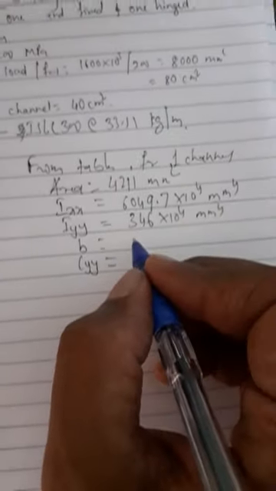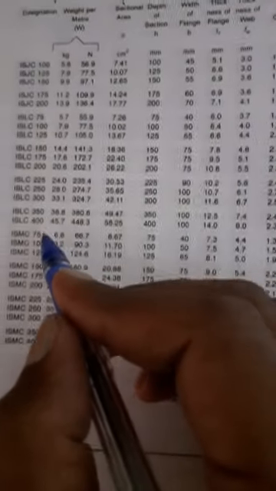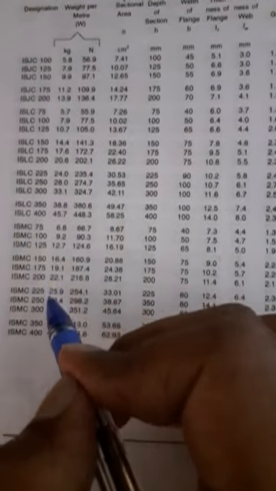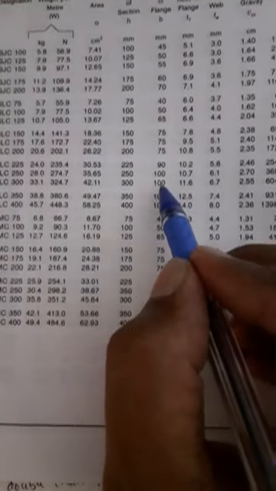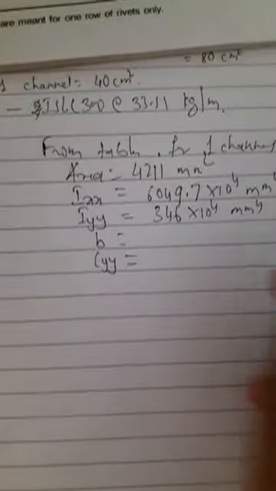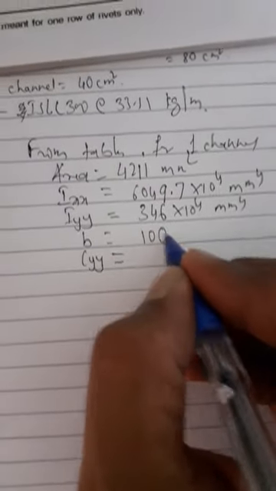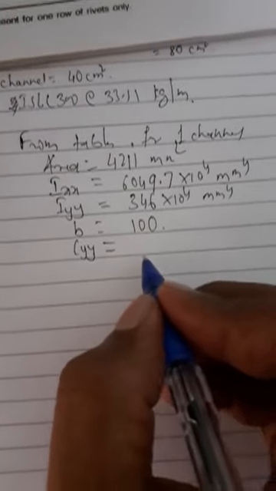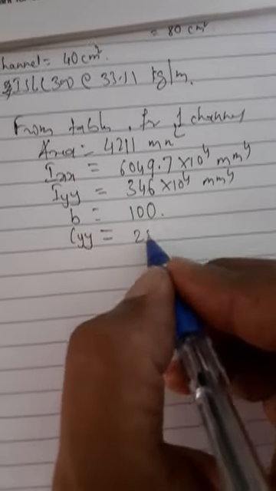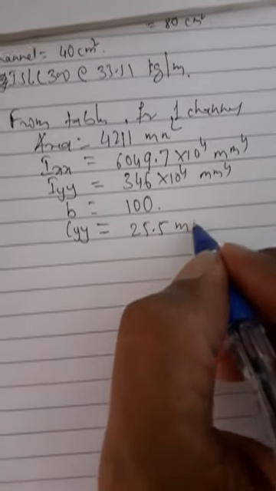B is the width of the flange for ISLC 300, which is 100. So width of the flange B is 100. CYY is 25.5 mm.